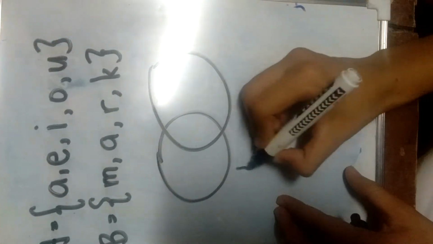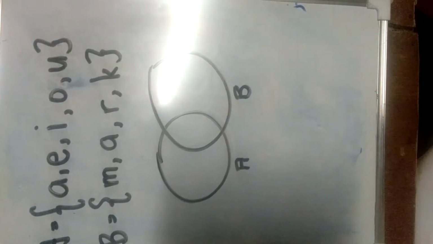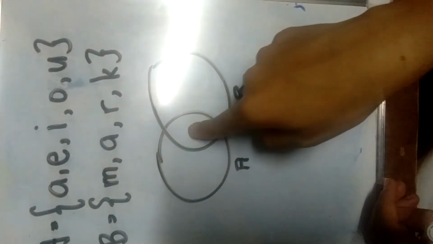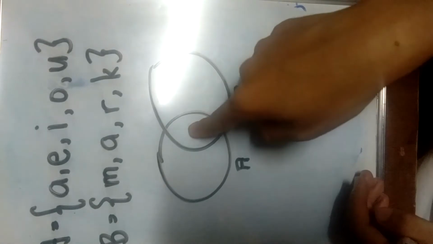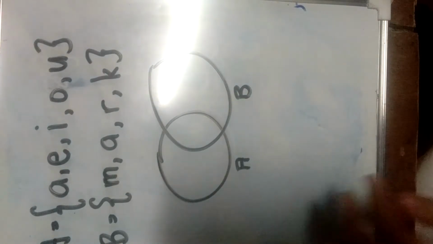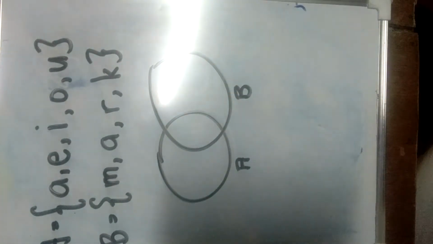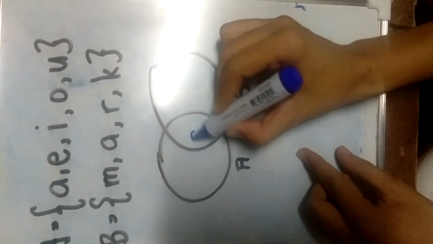Again, this is set A and this is set B. Here we will write the element common to both sets, and we all know that the element is A. So let's write A here.